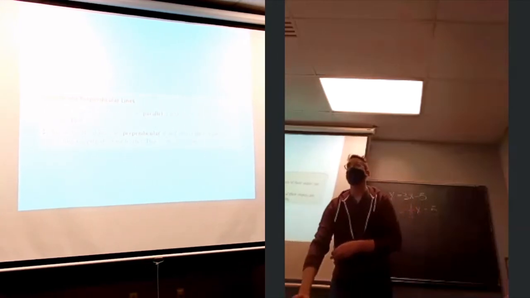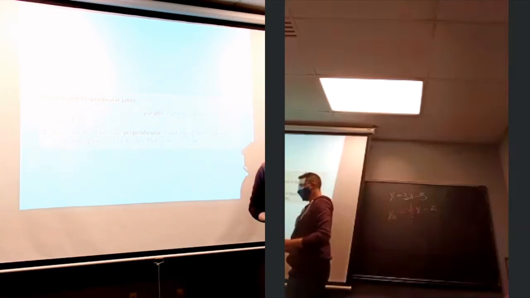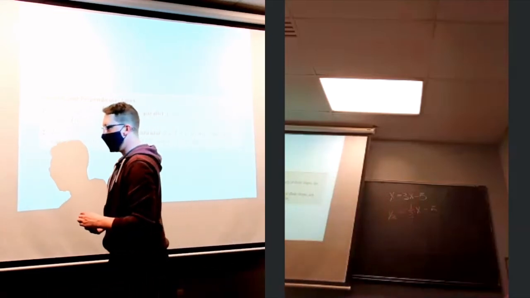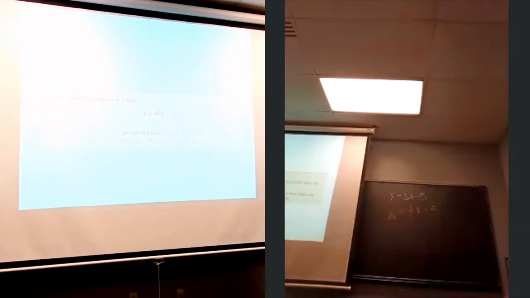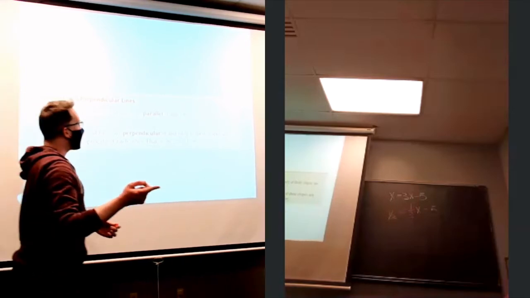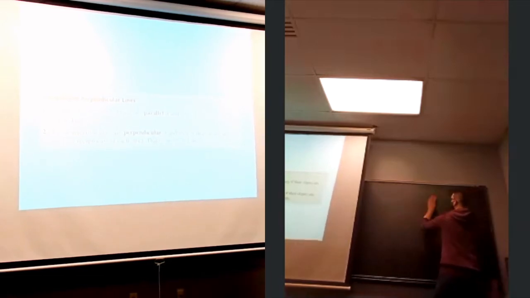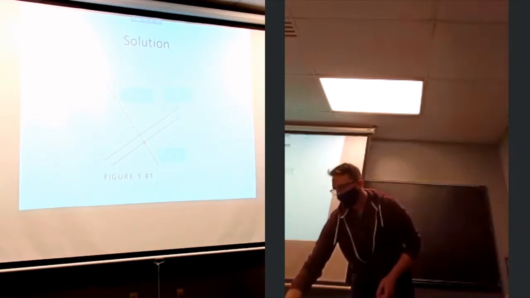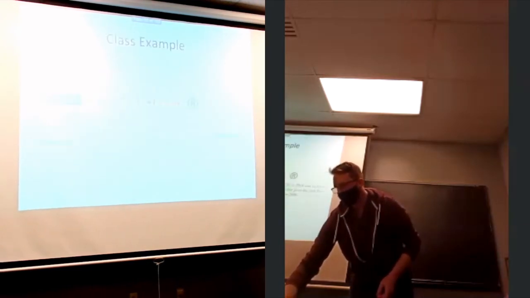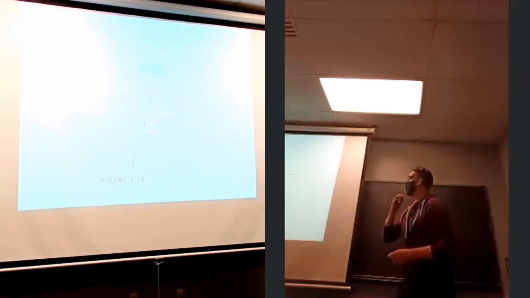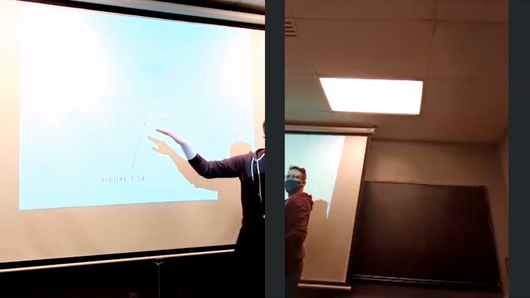Wait, I actually have a question. On a perpendicular line, how would you find where the y-intercept would be? Would it be the same? Well, this is a good question, right? Let's think about it for a second. Let's imagine we had a line perpendicular to this, right?